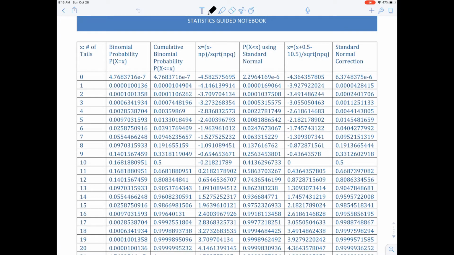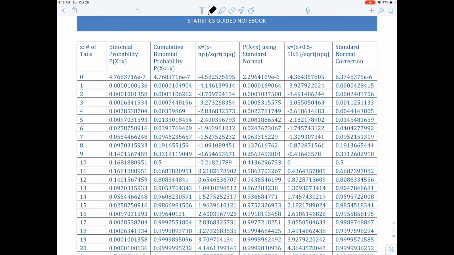Today is kind of a central limit theorem part 2. Last time we talked about how we can use the central limit theorem on distributions that are not necessarily normal.